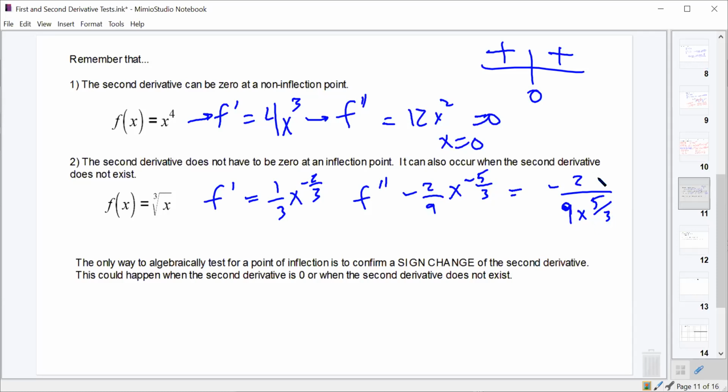This is never equal to 0, but it is undefined when x equals 0. If we make the sign chart with a positive number, this comes out to be negative, and with a negative number, this comes out to be positive. So we can see that there's a change in sign of the second derivative, and there's a point of inflection. Any questions on that?